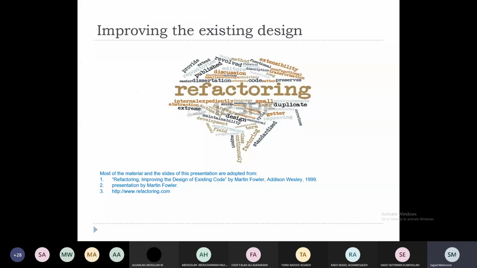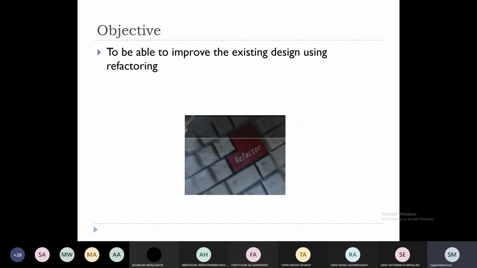So I was saying, Martin Fowler is the first one who introduced this, and it has been catching up over the years and is used in the market. Now, the ultimate objective of refactoring is to improve the existing design.